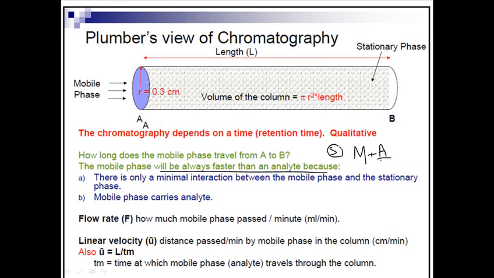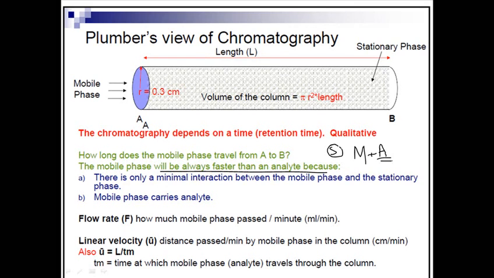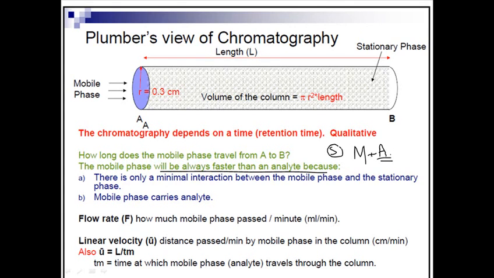But the analyte molecules can have an interaction with the stationary phase greater than the interaction with the mobile phase, or it can also be less than that. So both scenarios can be present according to this nature.